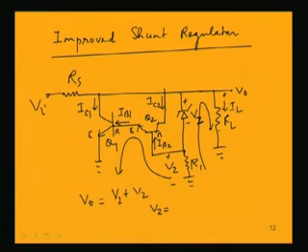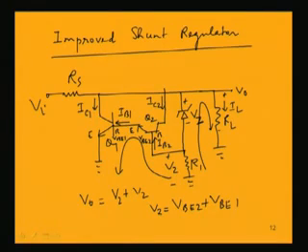So if this is VBE2 and this is VBE1, V2 equal to VBE2 plus VBE1.